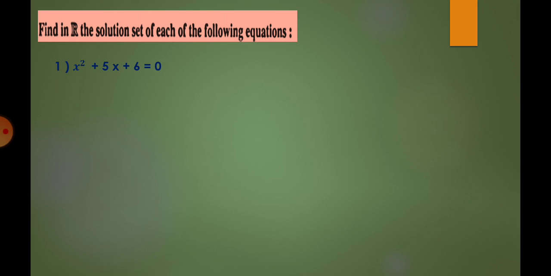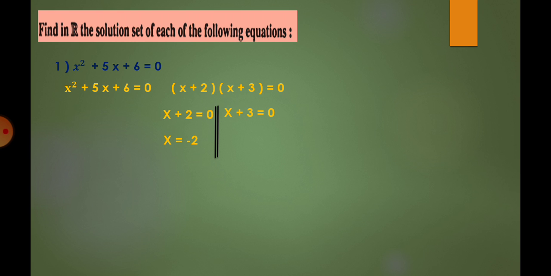So we factorize x^2 + 5x + 6. The expression equals (x + 2)(x + 3). So we take x + 2 = 0 or x + 3 = 0. We move the number to the opposite side with a negative sign.